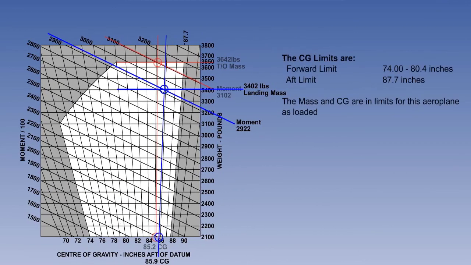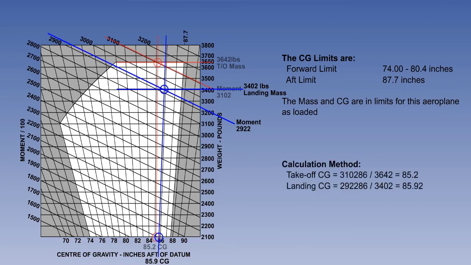We have now completed the exercise using the loading manifest and centre of gravity envelope to obtain the centre of gravity positions for takeoff and landing, and importantly, shown that the mass and centre of gravity are in limits. We know from our previous lesson on definitions, the centre of gravity can be calculated by dividing the total moment by the total mass, which we could do for this exercise, resulting in the same answers for centre of gravity.